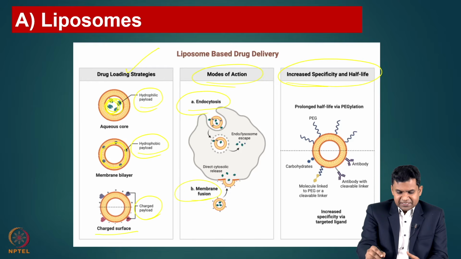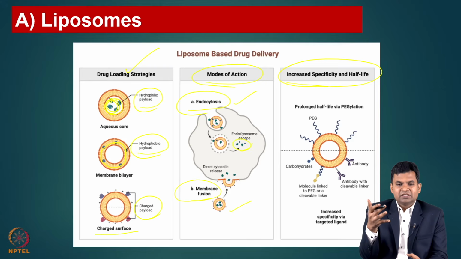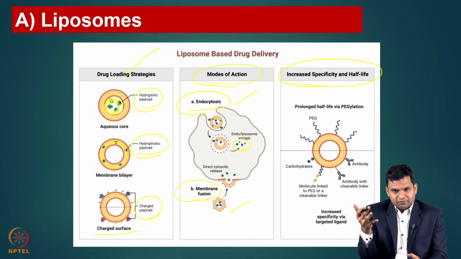So, this is the cell; it is taken up by endocytosis or by the membrane fusion mechanism. Further, due to the endosomal-lysosomal pH in the cell, the lipid vesicle will degrade and later your drug molecule will be released and show its action on the cells.